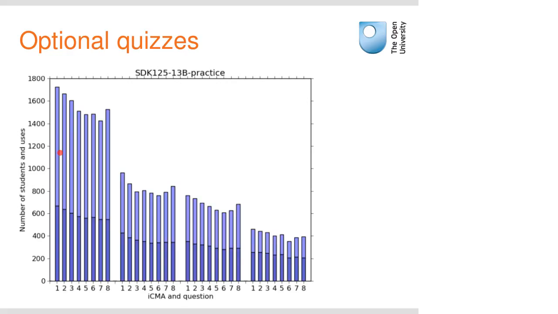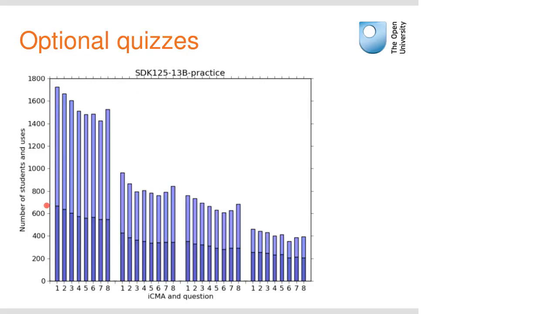Another one is significantly less surprising, which is what happens for graded versus ungraded quizzes. So this is an ungraded quiz. I can't remember which module this is, but it's got 4 optional quizzes. It's a level 1 module in science, and in the first quiz, students are quite enthusiastic.